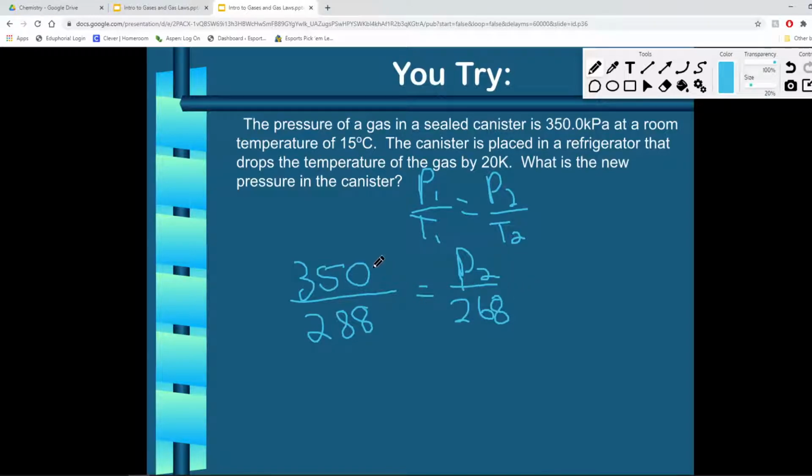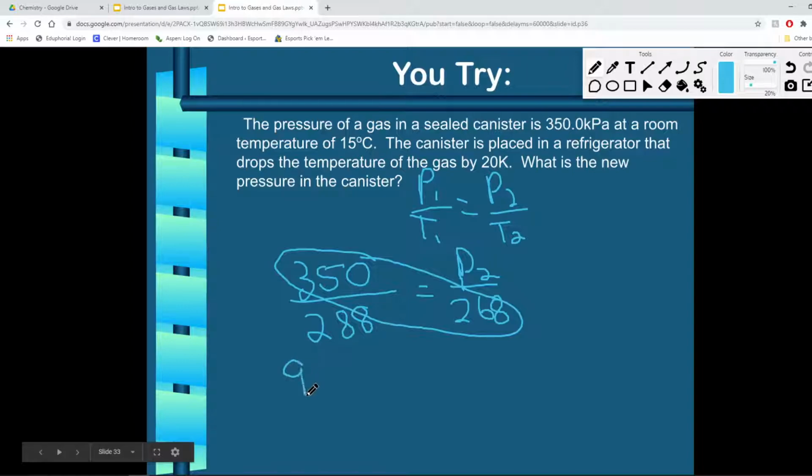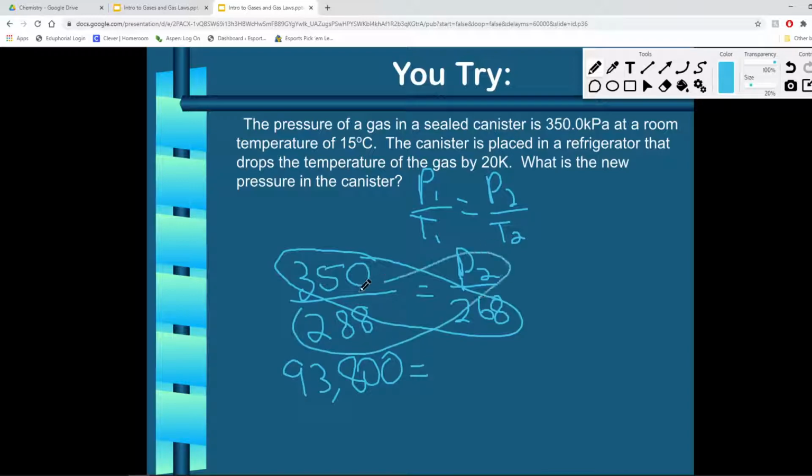So same as last time, we've got to do some cross multiplication. We're going to take our 350 times our 268. It's going to give us this big old number here, 93,800. So that's equal to 288 times P2.